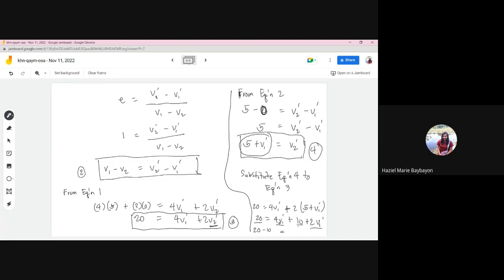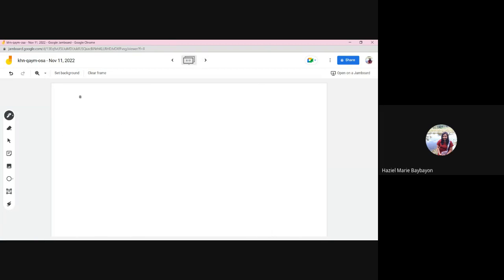And then we add 4 plus 2, which is 6, and the variable is V1'. So the equation is 20 minus 10 equals 6V1'. Let us continue this in the next slide.